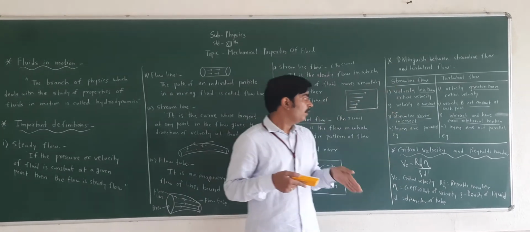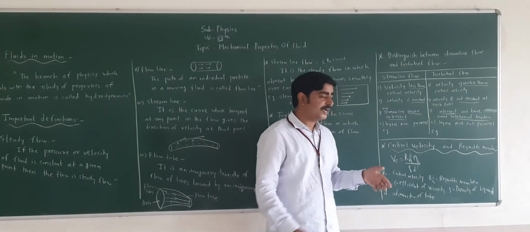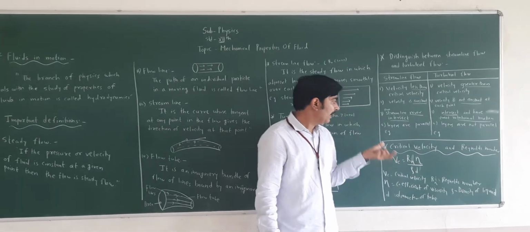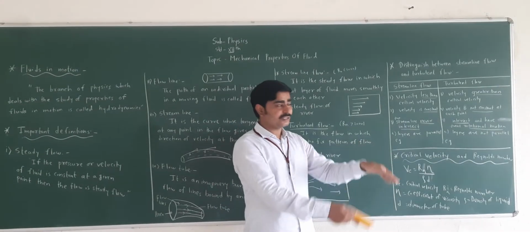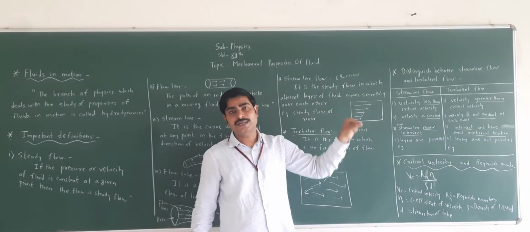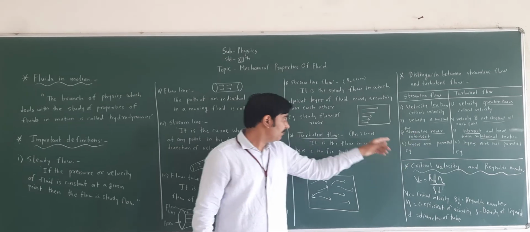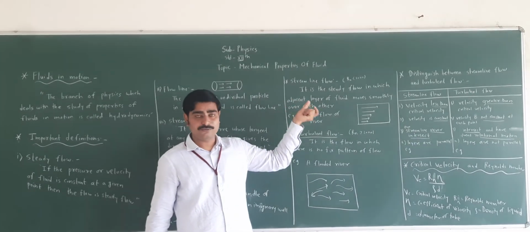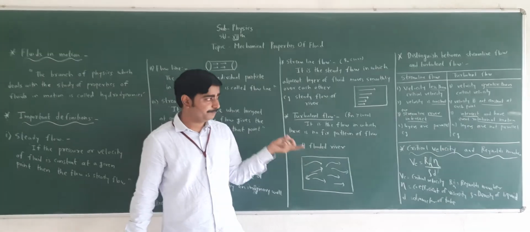In turbulent flow, the liquid will intersect with each other and form rotational motion. Again, in the streamline flow, the layers are parallel to each other. In turbulent flow, the layers are not parallel to each other. The example of the streamline flow is a steady flow of river. The example of the turbulent flow is a flooded river.